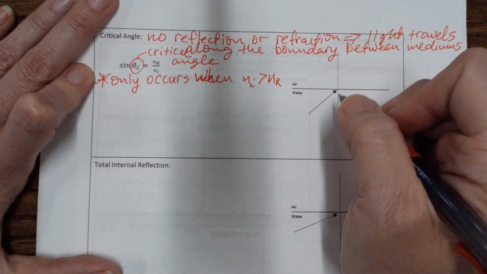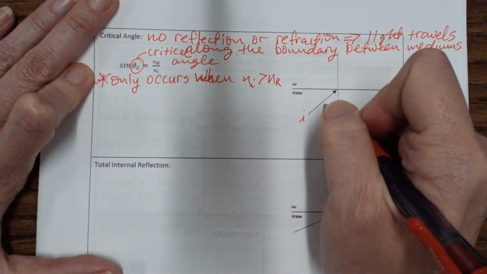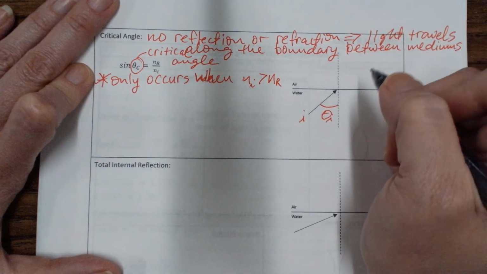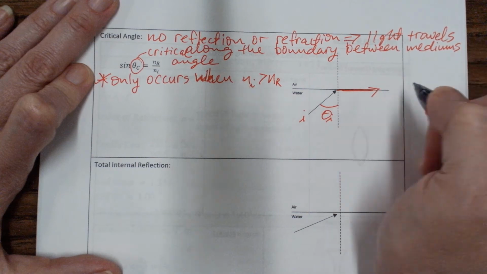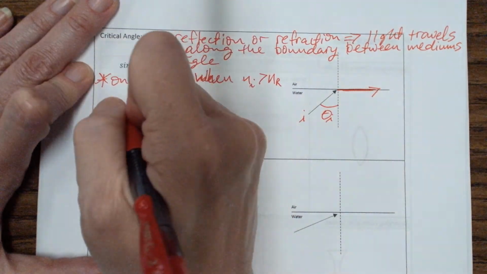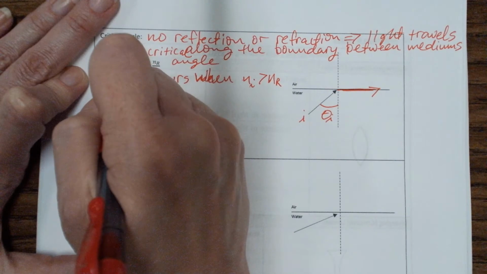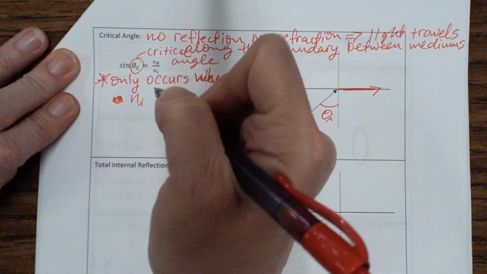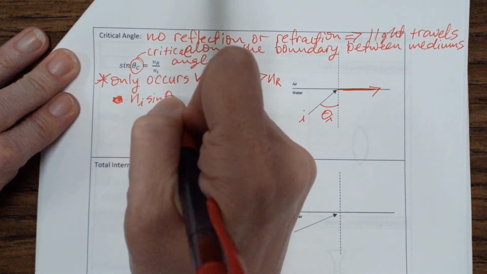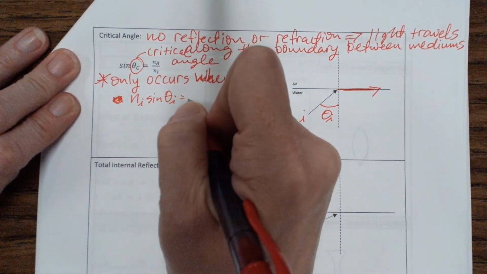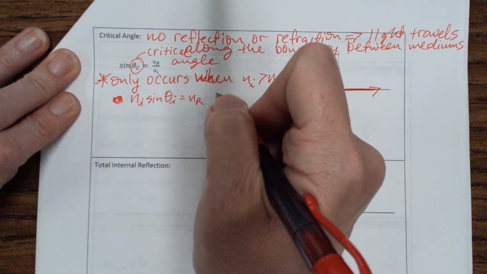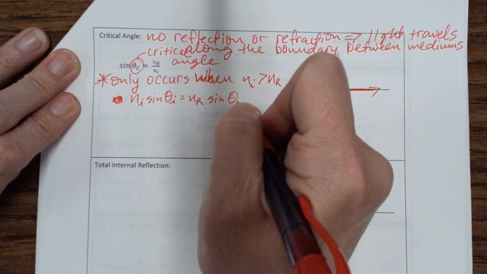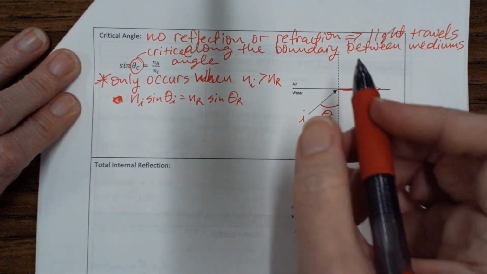So basically what's going to happen is you have your incident and it goes to a certain point where your theta I just shines the light right on the surface instead. Here's the problem: if you're looking at Snell's law, Ni sine theta I is equal to Nr sine theta R, and this is a 90-degree angle.